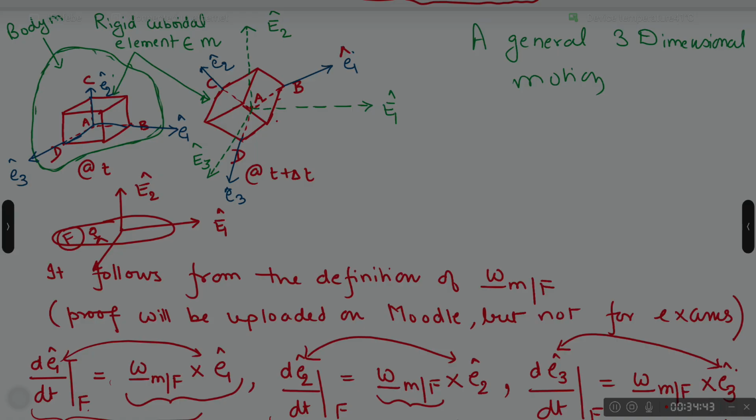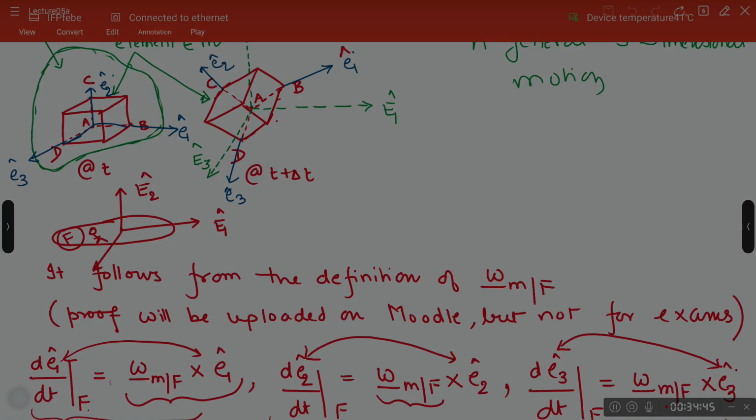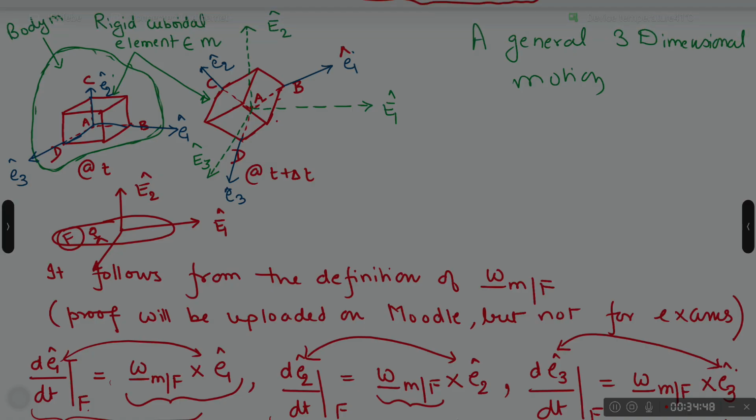Now let's go back to the general three-dimensional motion of M with respect to F. Same diagram that I had a couple of slides ago.